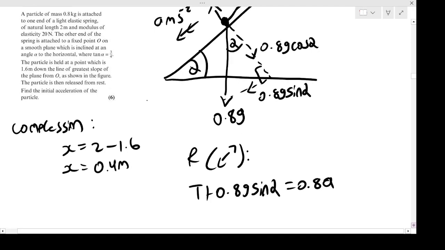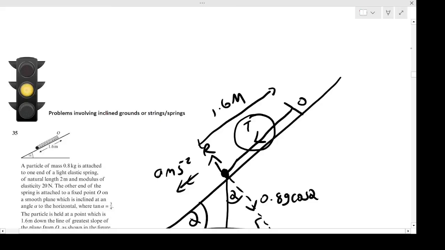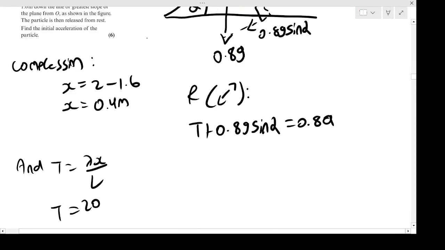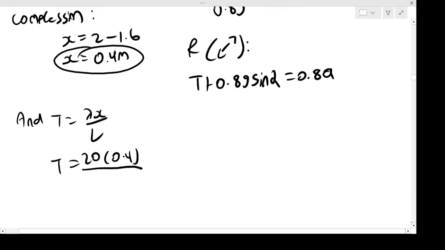Now we can also find T via Hooke's law. T is lambda x over L. The modulus of elasticity is 20 times the compression, which we discussed is 0.4, because the natural length was 2 but the length is now 1.6, so a compression of 0.4.